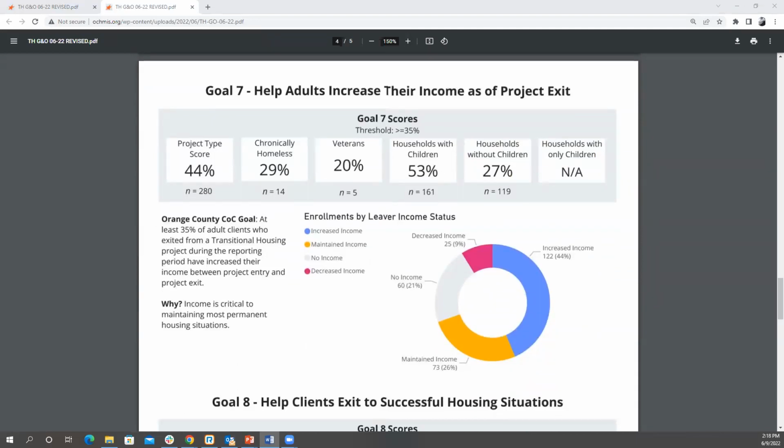And goal 7 is looking at clients that exited with increased income. And the number of clients included is obviously higher. Households with children are reporting increases in income more than households without children.